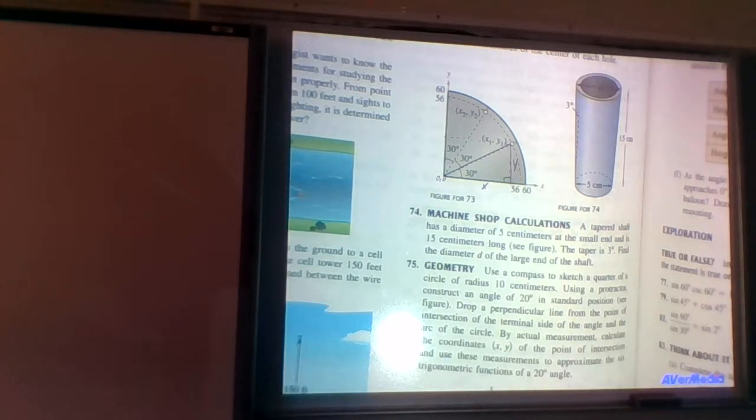This is one of the trickier ones to see because you don't see a triangle there. You have to make one and realize that that's what's going on. Okay, make sense now?